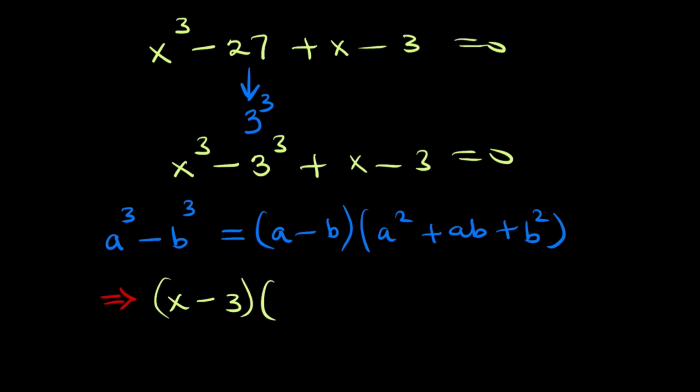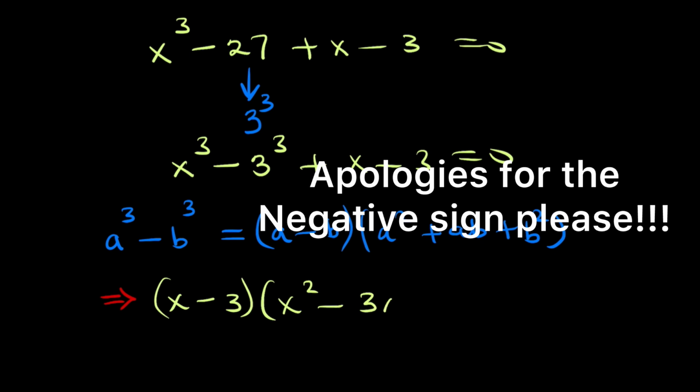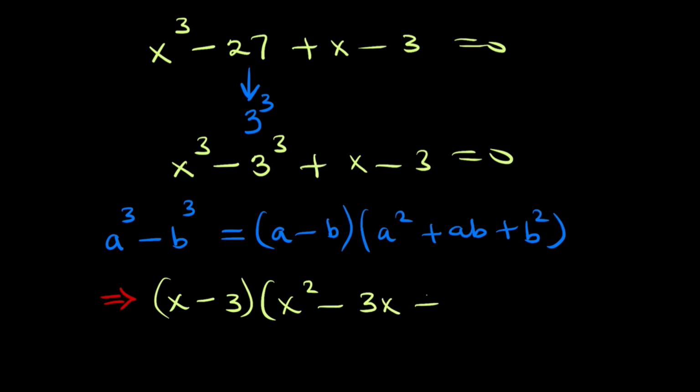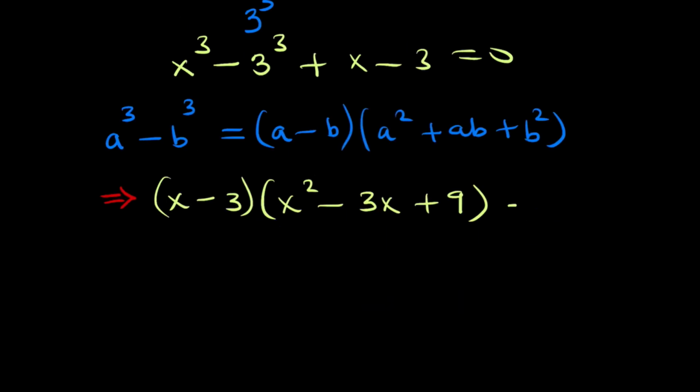into brackets x squared minus 3x then plus 3 squared, which is 9, then plus x minus 3, which is this guy right here, equal to 0.